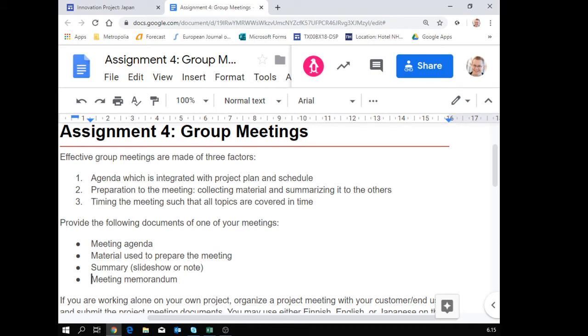Yeah, so an agenda which is integrated with the project plan and schedule, meaning that you have the schedule somewhere and you may have fixed some dates here already. That's the easiest.